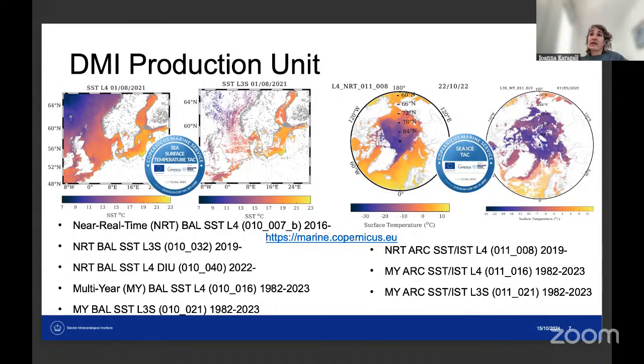Then on the right-hand side, you see an overview of our sea surface temperature and sea ice surface temperature contributions for the sea ice stack, for which we provide one near real-time product covering the Arctic. We also provide two multi-year products, both as level 4 and level 3S. Again, these products are GHRSST compliant.